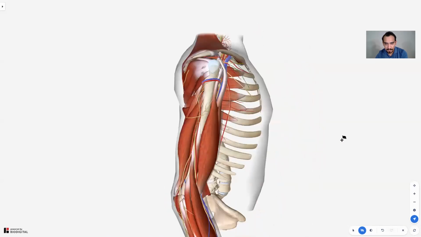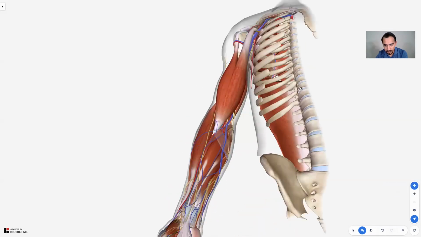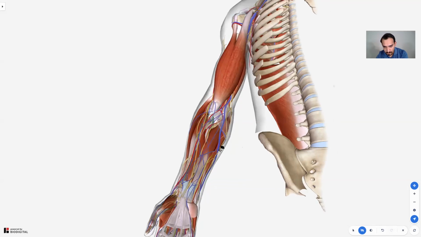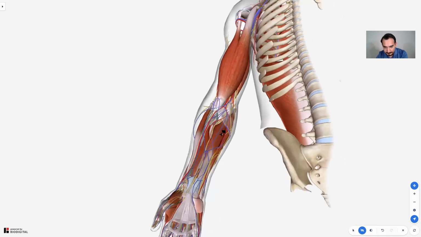Let's understand the insertion of your biceps. How does the biceps tendon insert in the forearm? Let me remove all these. All right, that's more clear now.